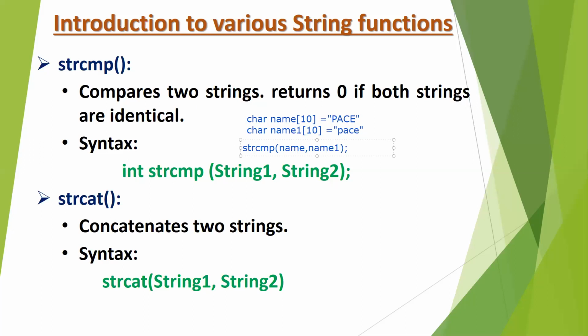it will compare the ASCII values of the characters of name and name 1. Then it will find the return value of this function, which is an integer. Why an integer? The total ASCII value of name will be subtracted from the total ASCII value of name 1.